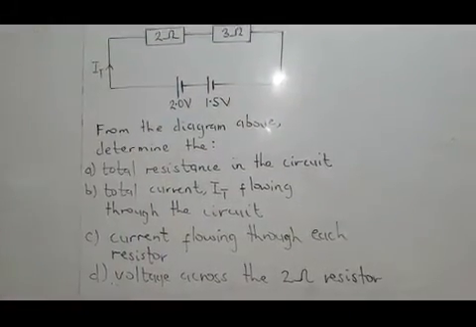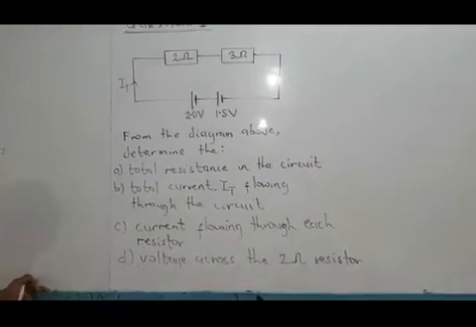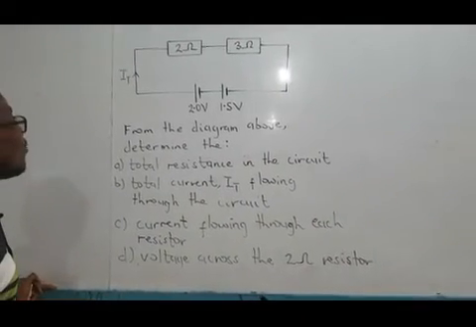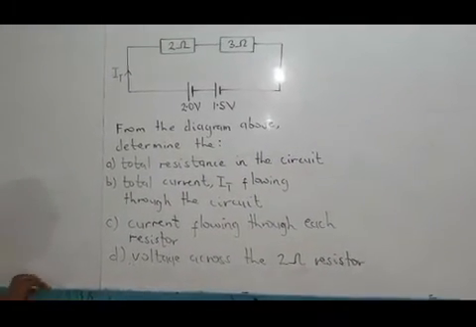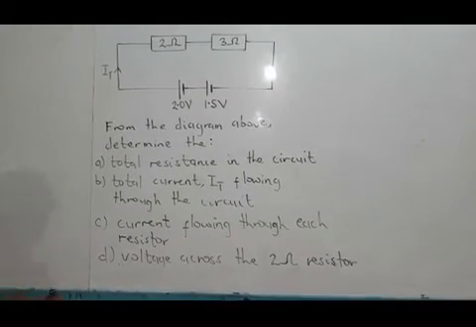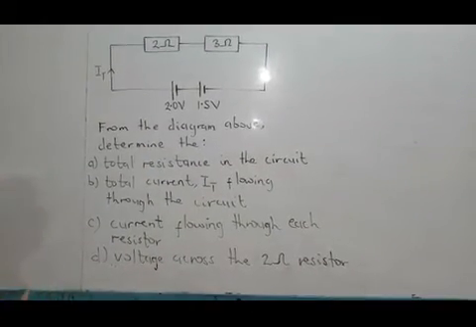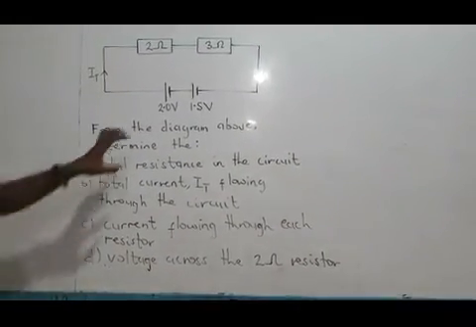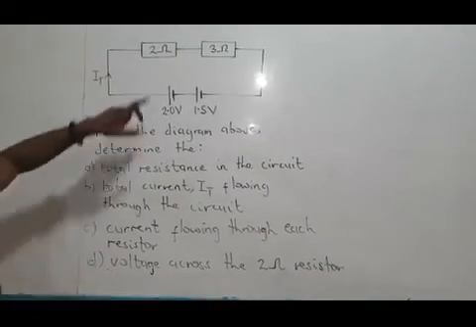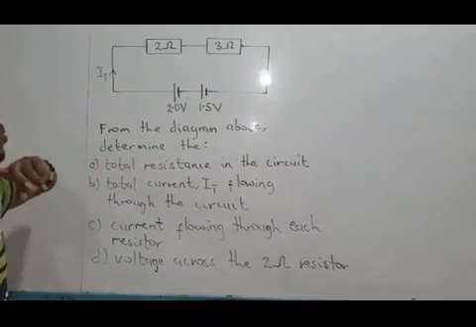From this diagram, we are asked to determine the total resistance in the circuit, the total current IT flowing through the circuit, the current flowing through each resistor, and then the voltage across the 2 ohm resistor.